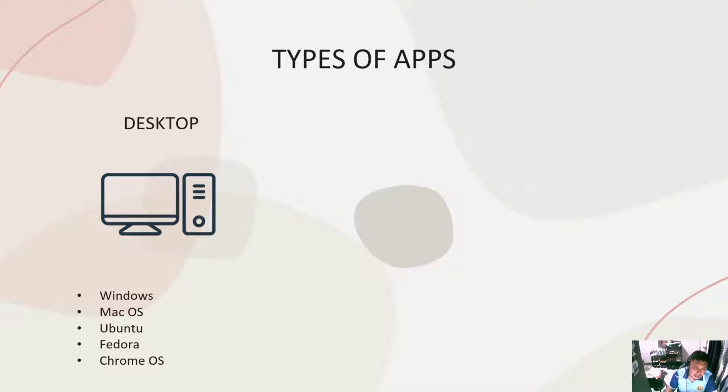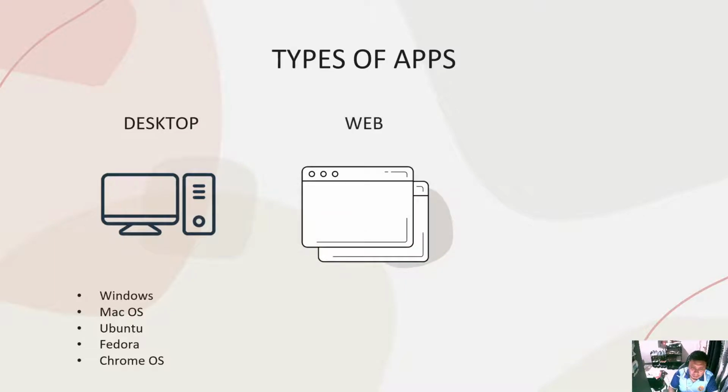There are kinds of desktop applications installed there. You can have PowerPoint presentation, Word, Excel, also word processing, graphics like Photoshop, Illustrator, and music apps. That is the type of application you can use on desktops.